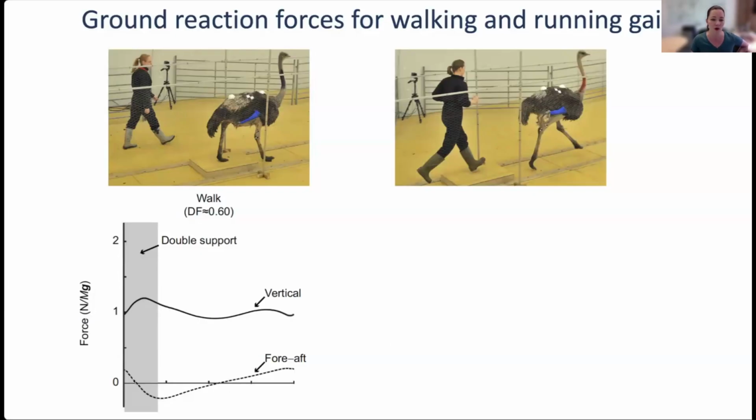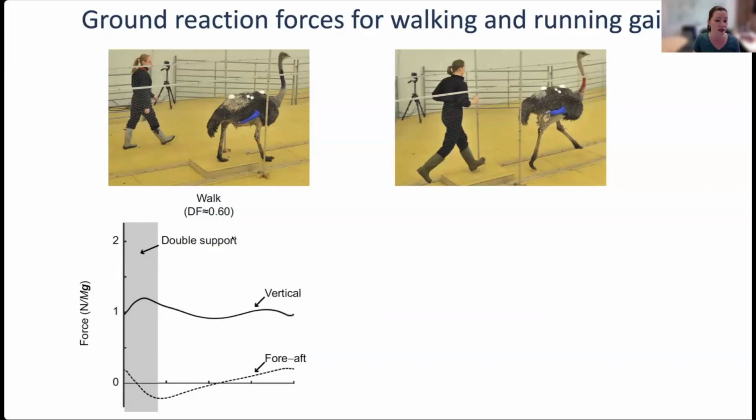And the fore-aft force is, when the leg first comes into contact with the ground, there's a deceleration. And so that's the initial half of stance decelerating, and then there's a reacceleration in the second half of stance, shown here, okay?